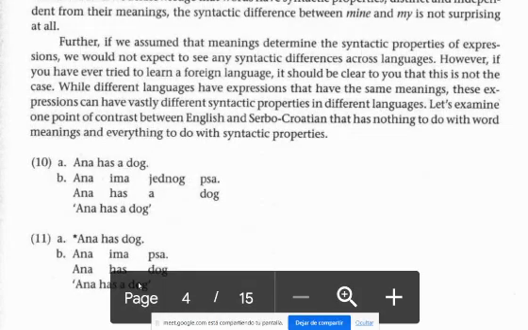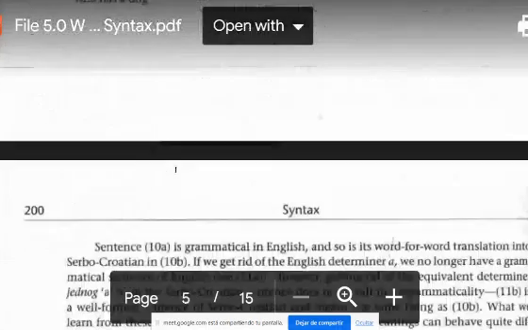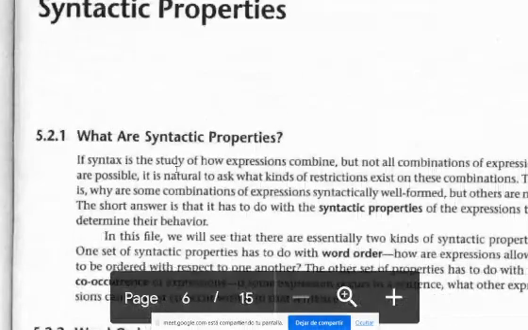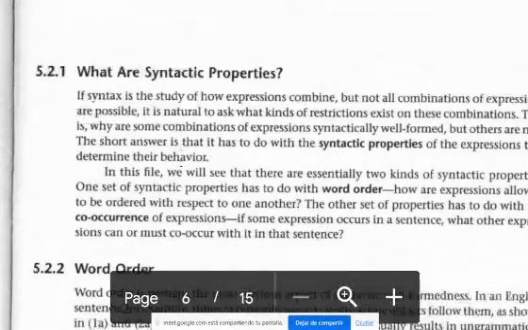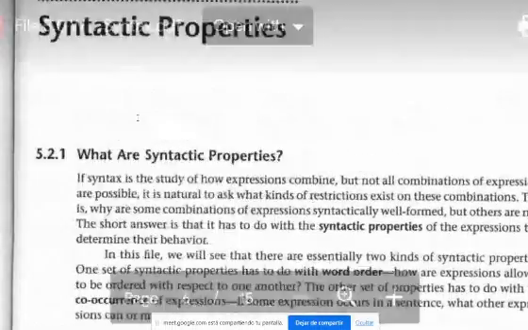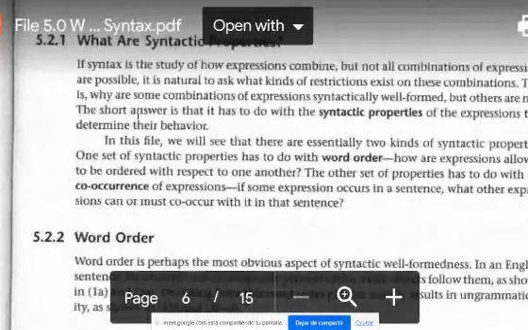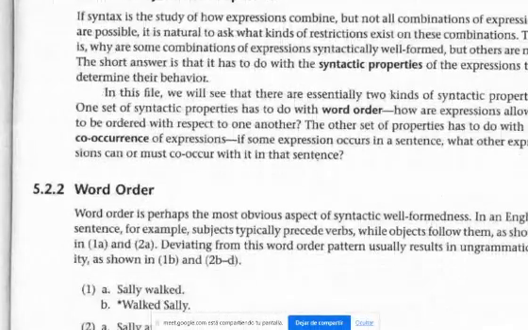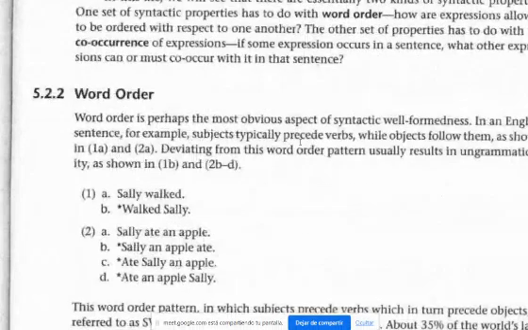Hannah has a dog. Let's see, what are the syntactic properties? The first syntactic property is word order. In English, word order is SVO. Word order is perhaps one of the most obvious aspects of syntactic well-formedness in English.